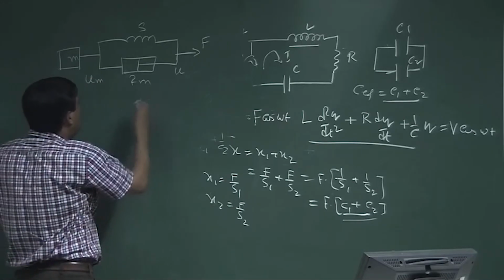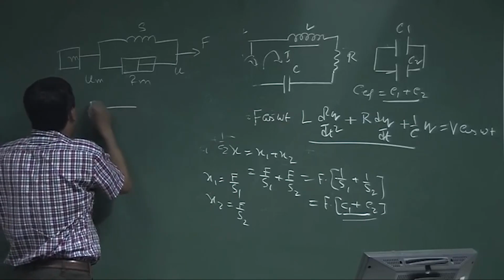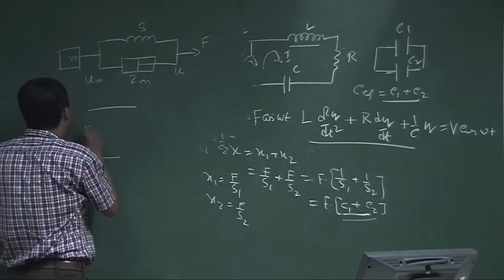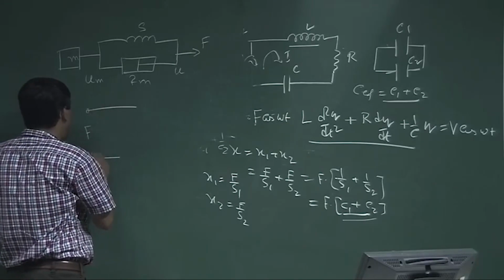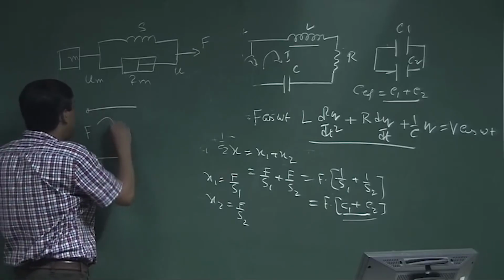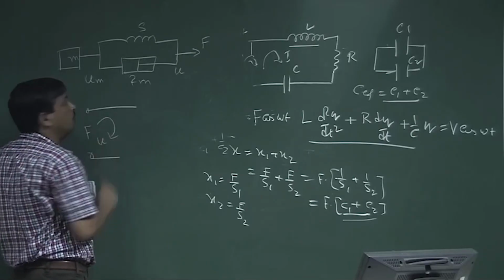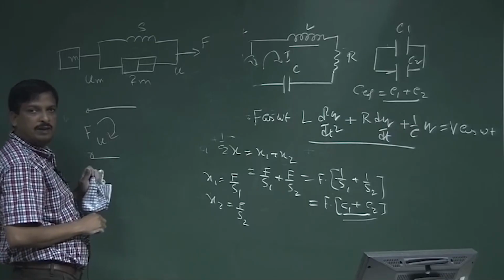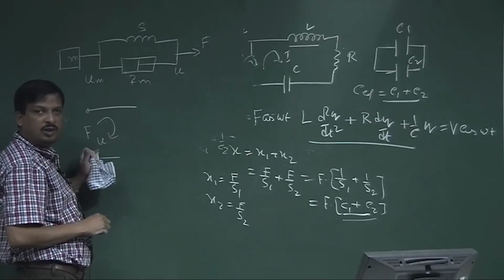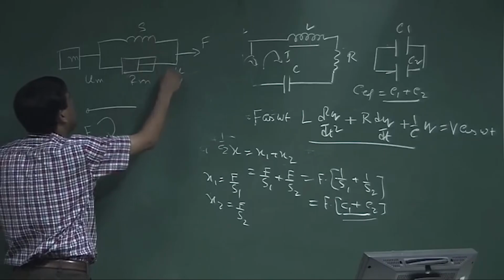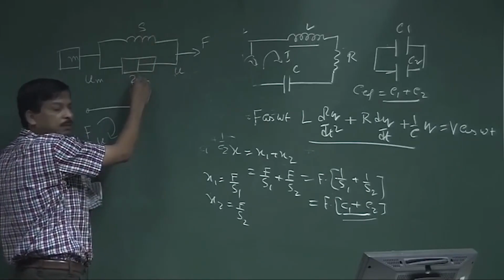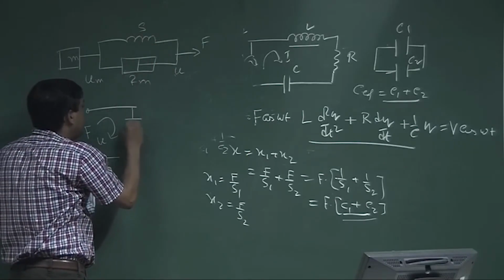So, now if I say this is my force, I apply this force F between these 2 points. So, here I will go for a current u, the particle velocity u, and the current will flow this way. So, it will be expressed through S and Rm. What is S? Capacitance.